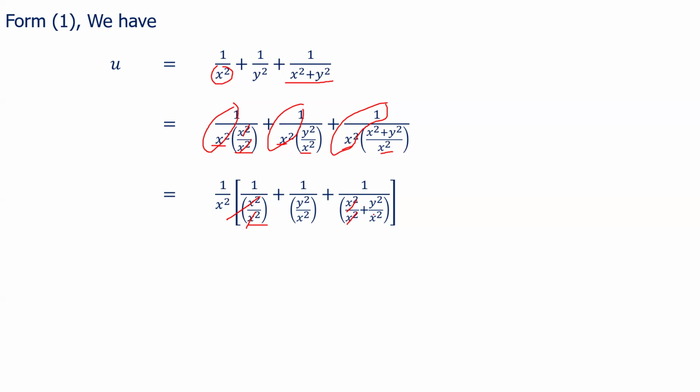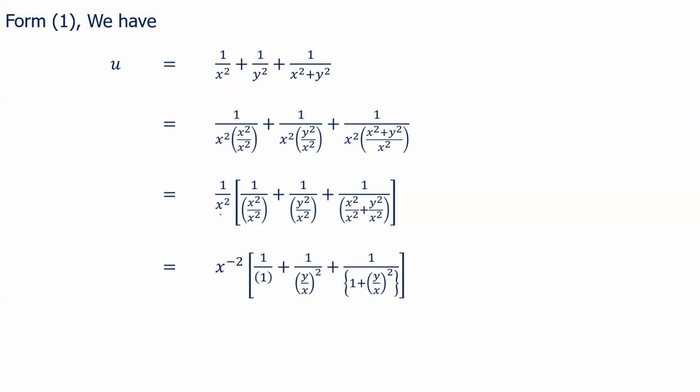Let me do it once again. This can be written as x to the power minus 2, times 1 plus y by x whole to the power 2, plus 1 plus y by x whole square. So just look here on this side, the degree of each and every term is 0.